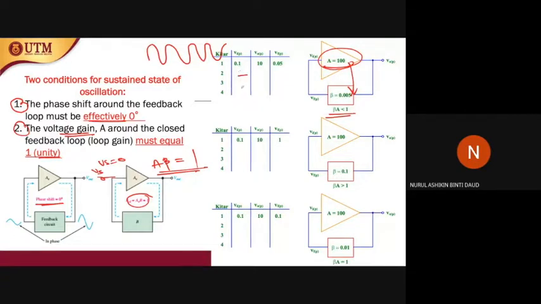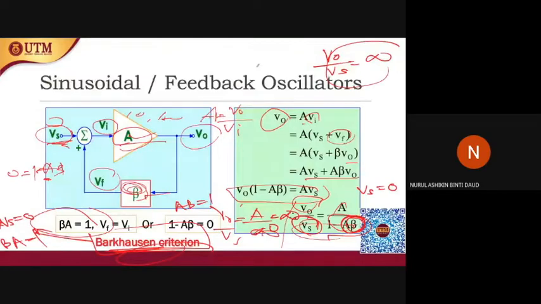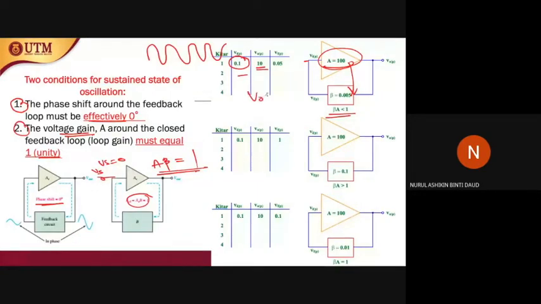When the input voltage is increased, let's say in this condition 0.1, the output will be 10. We get the output based on this equation: V output is A times VI. VI is 0.1, so 0.1 times 100, you will get 10.